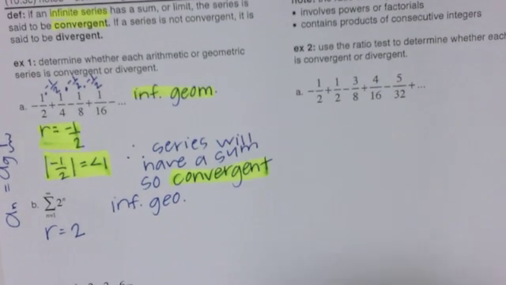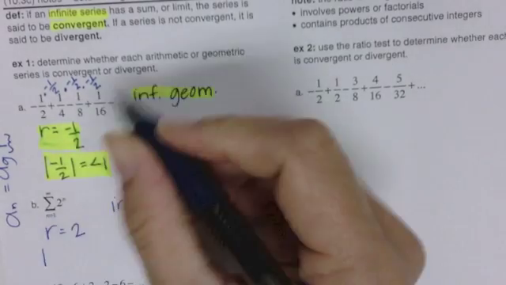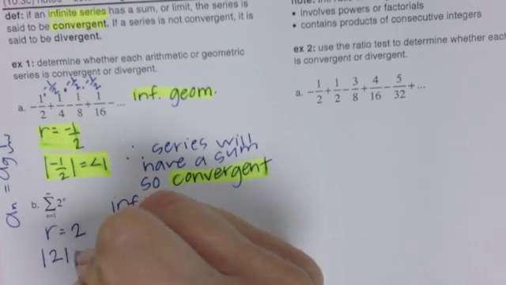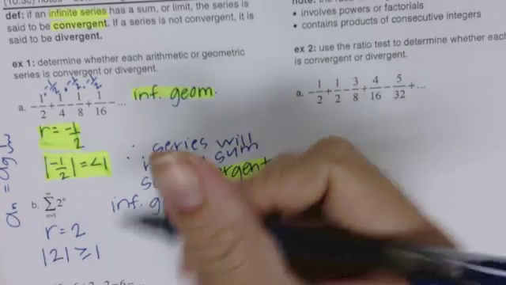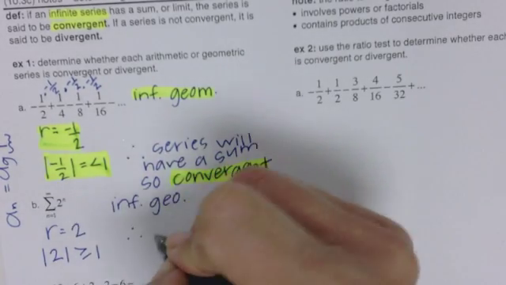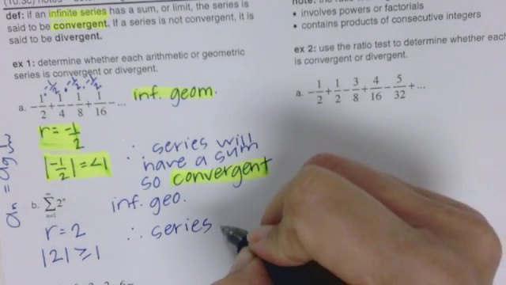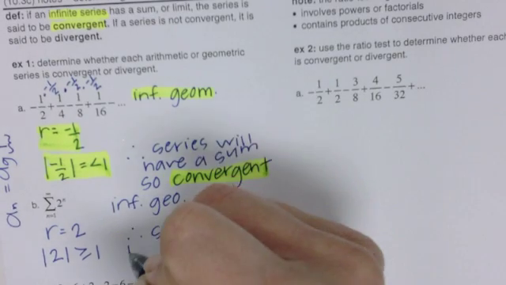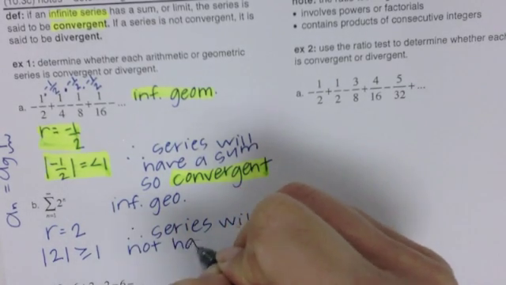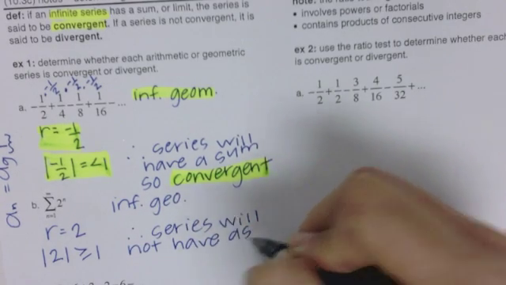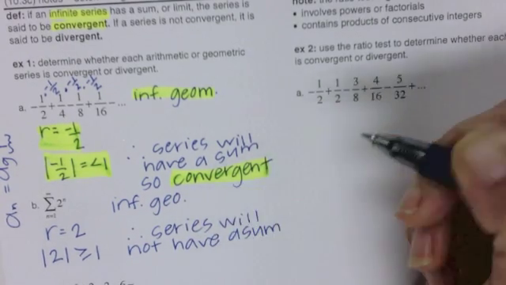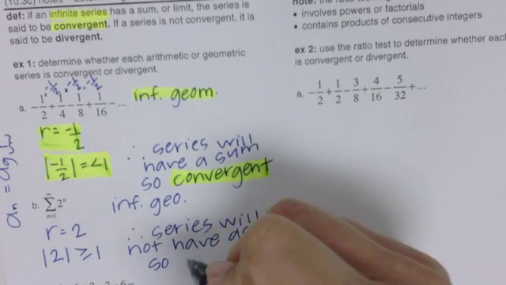So this particular one right here, we're going to compare it to 1. And the absolute value of 2 is actually greater than or equal to 1. Therefore, the series will not have a sum. So it's divergent.